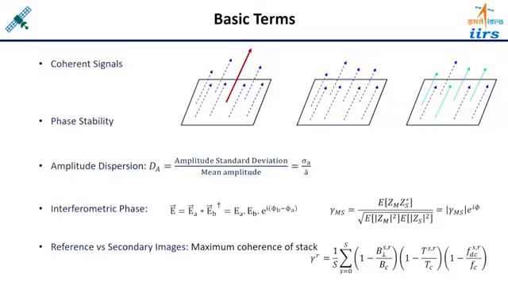Suppose you consider the first image as the reference image, then the second and third will be the secondary images. You will form the pairs between first and second and first and third, because the reference image will be common. You will see the coherence between first and second and first and third. If you add both of them, that sum is the first situation.